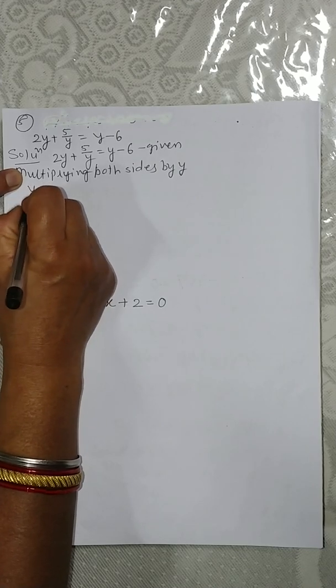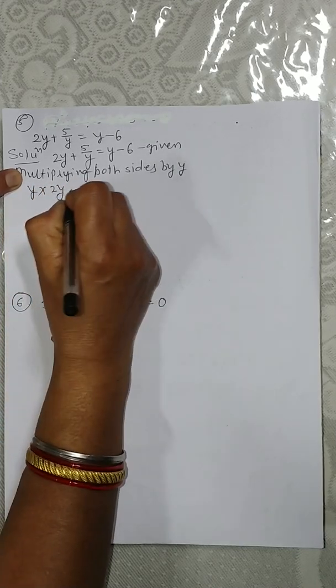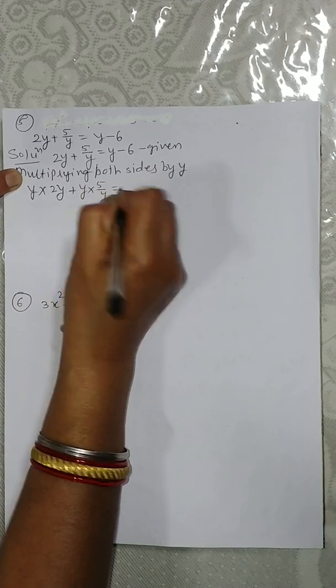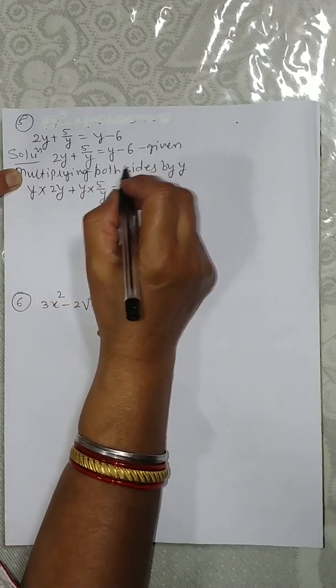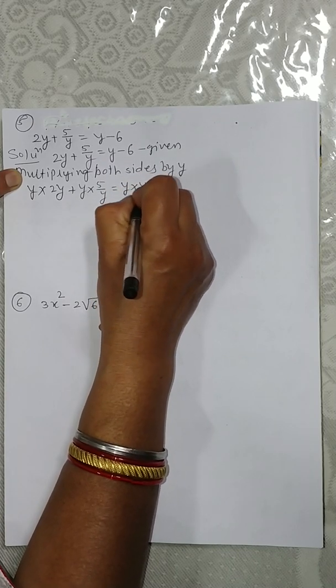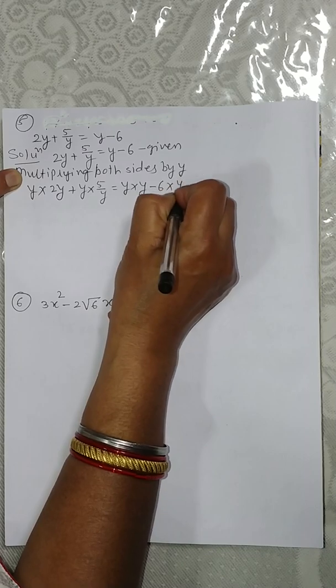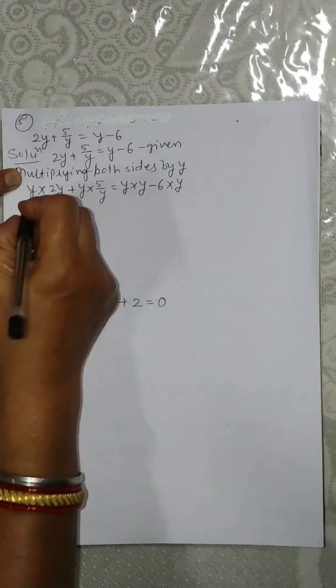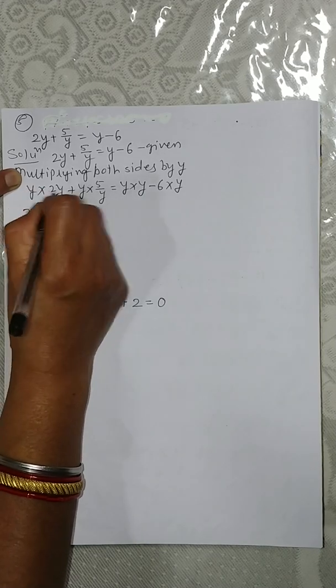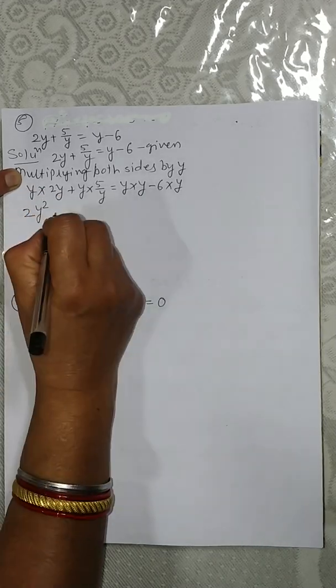So it is y into 2y plus y into 5 upon y is equal to y into y minus 6 into y. So we get 2 ones are 2, y into y is y square.